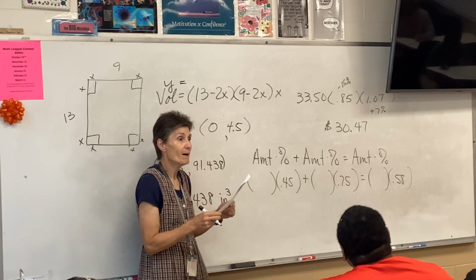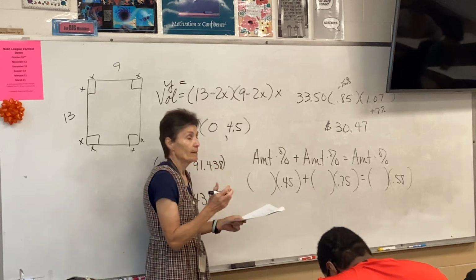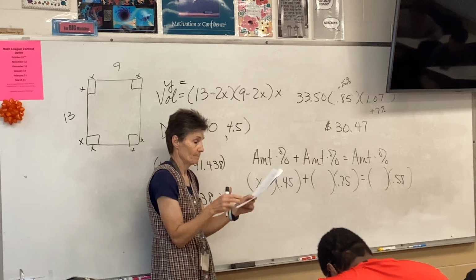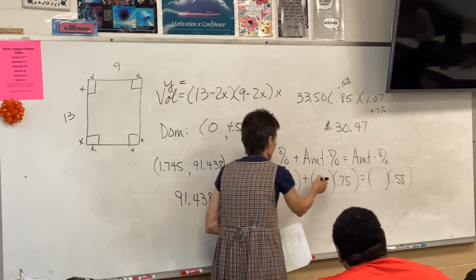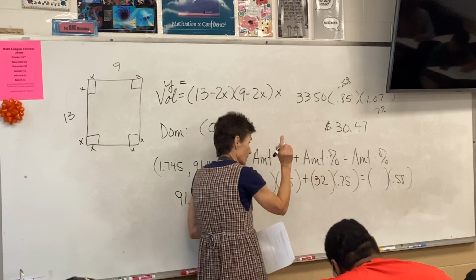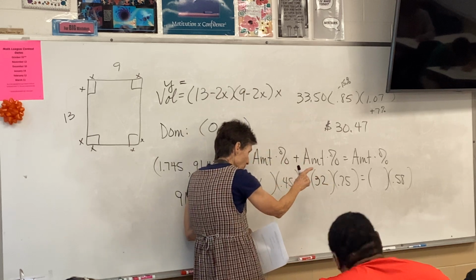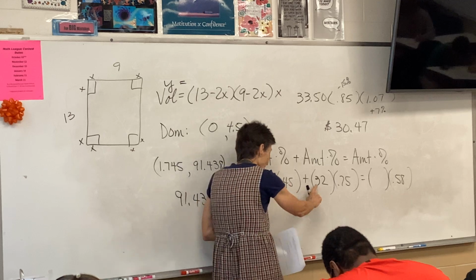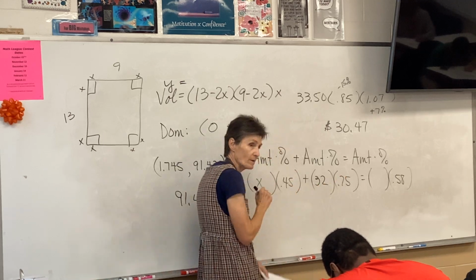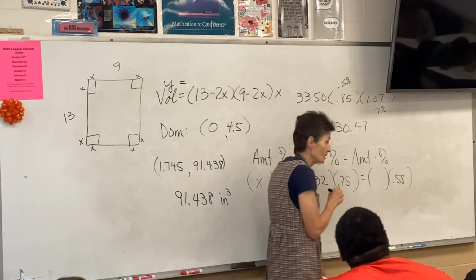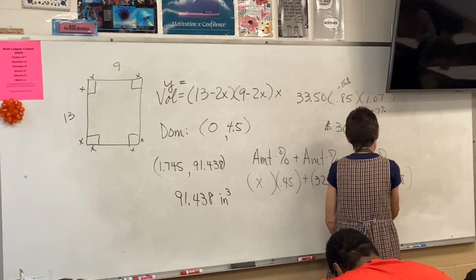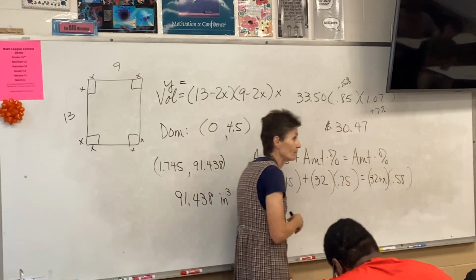Now, what are my amounts? How much? 32. And then what am I gonna put over there? These two added together make that one, so that one's gonna be 32 plus X or X plus 32.